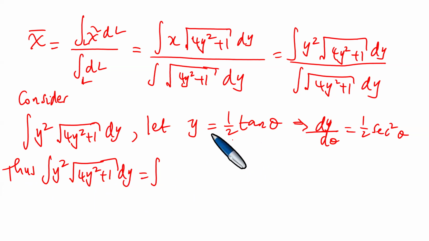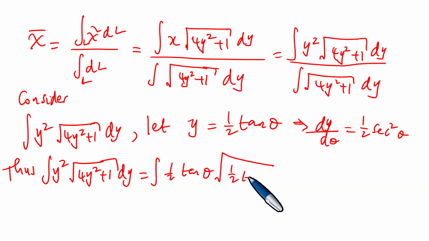Wherever there is y, you put this, and it is actually 1/2 the tangent of theta, and you put the square root like this. And now the 4y squared, we would have 1/2 the tangent of theta, squared, plus 1. There's a 4 outside. Let's just put that one.